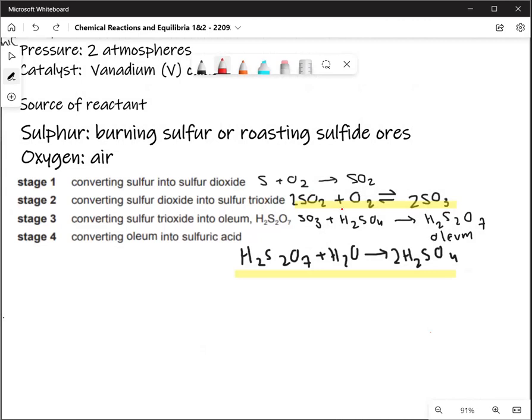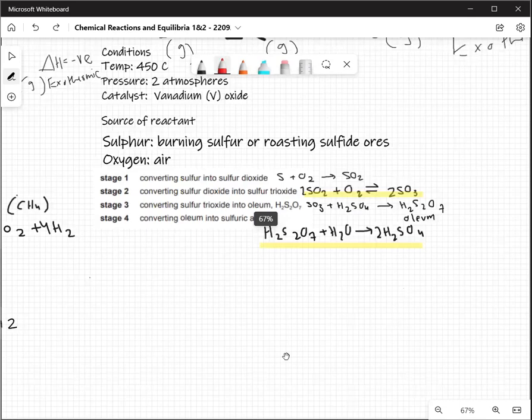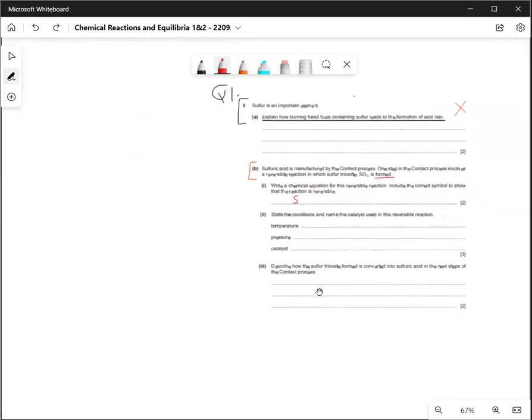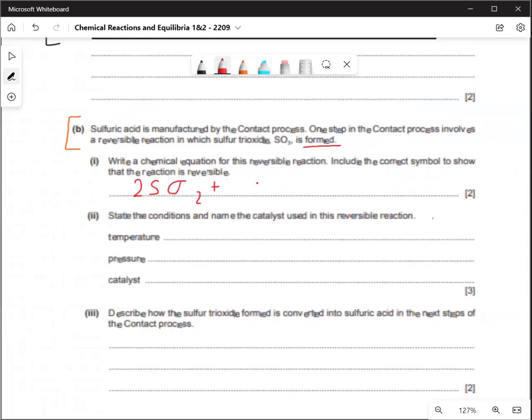So it will be 2SO2. You have to memorize this by heart. 2SO2 plus O2 gives us 2SO3. Any doubts? What is meant by formed? Formed, that is the product. ये बन रहा है, right? ये product है आपका.